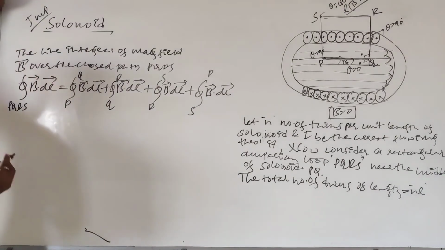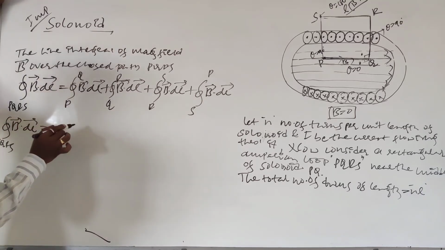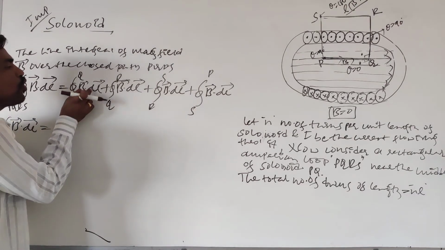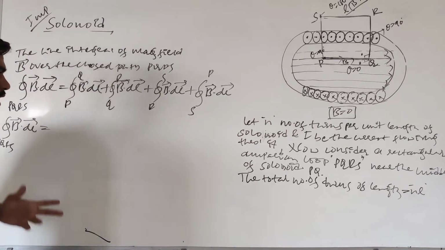Right. So now once again I'm going to write the closed integral over PQRS of B dot dl. Now I am going to open this dot product.